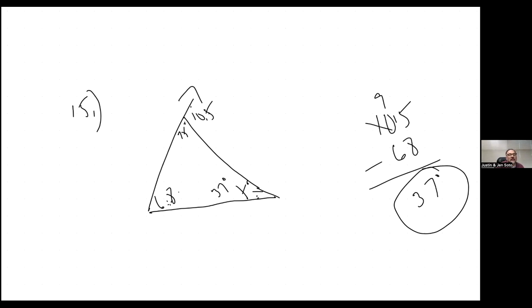You could do all that, but that's so much work. You don't even need to do that. All you need to do is this minus that would equal that. So that makes sense. That being said, do number 16 and give me your answer.